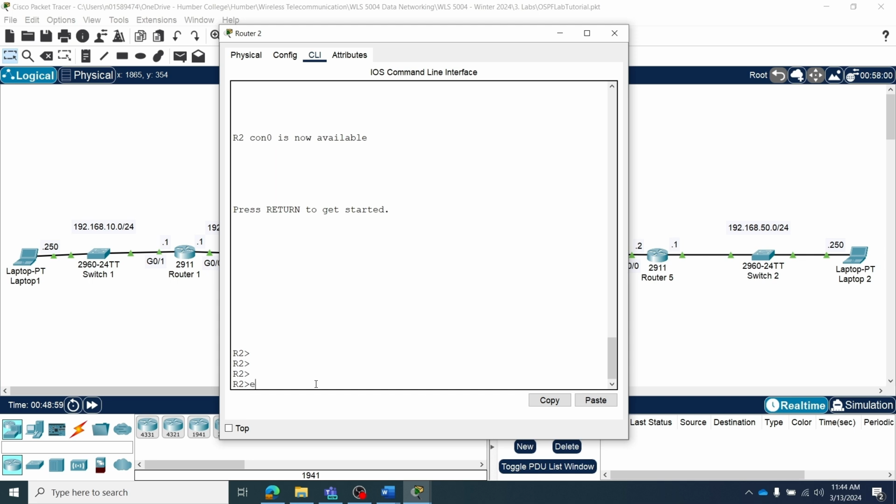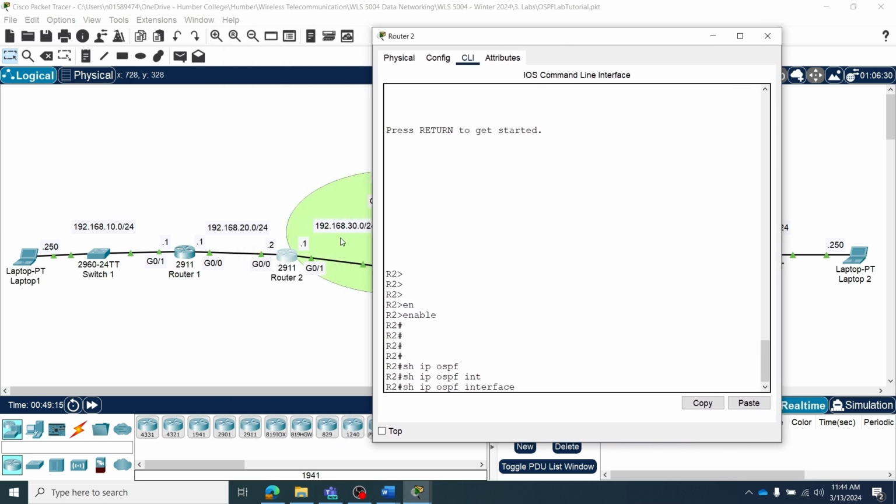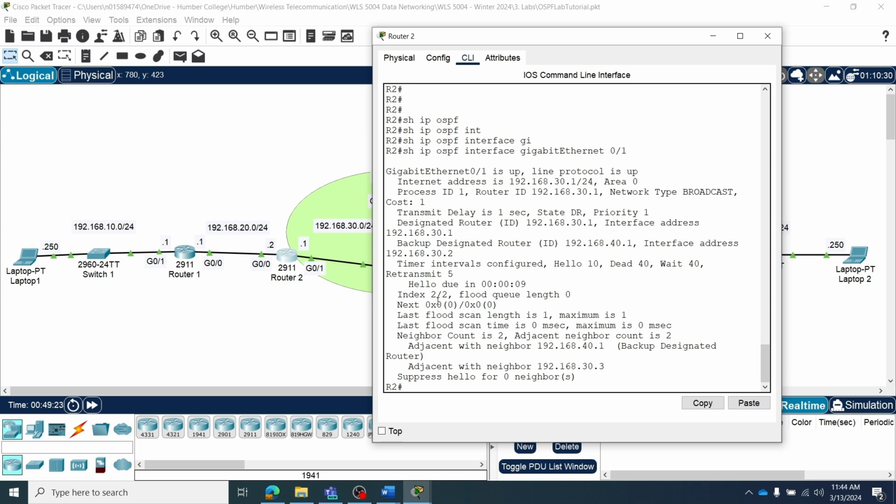Router 2, enable, show IP OSPF interface, then the interface ID. So let's see gigabit Ethernet 0/1. Let's see what it shows us.